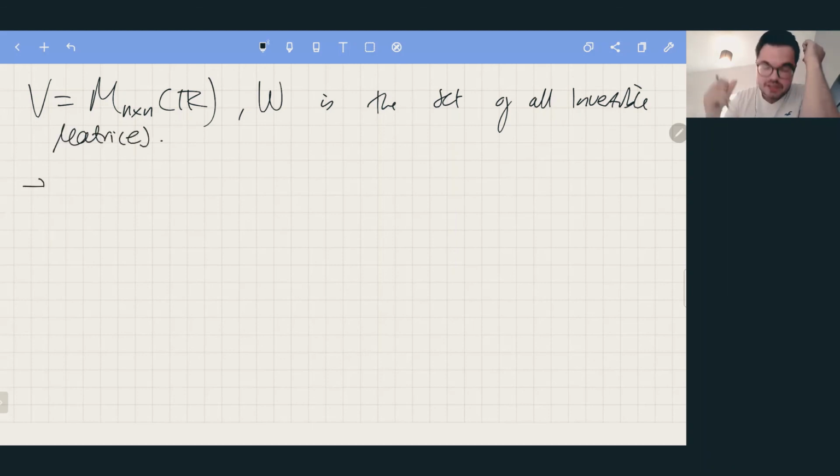Now, this one's quite sneaky. You can see that W is non-empty because you could consider the identity, for example, which is invertible.